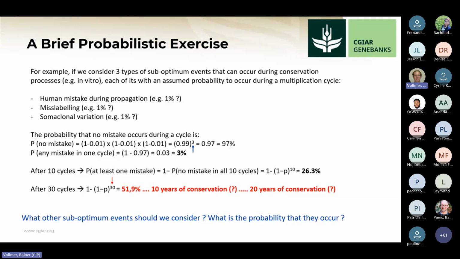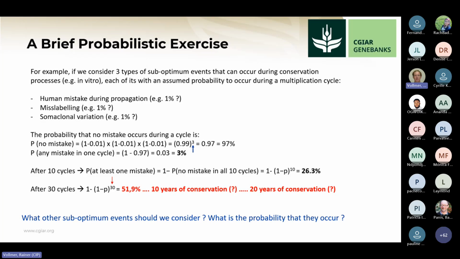If you calculate the probability that one of these 3 occurs, this would be 3% in one multiplication cycle. But when you do 10 multiplication cycles, the probability of one of these events occurring would increase to 26%. And if you do 30 of them, then you have 51% or 52%.